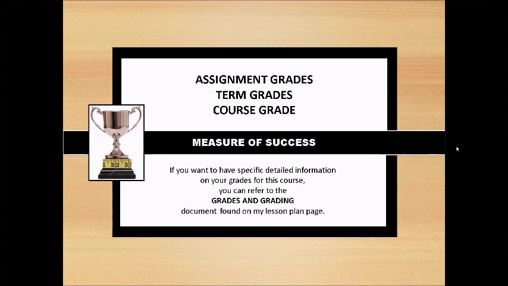More specific and detailed information on your grades for this course can be found through the grades and grading document found on my lesson plan page. Record this information in the unit handout as well.